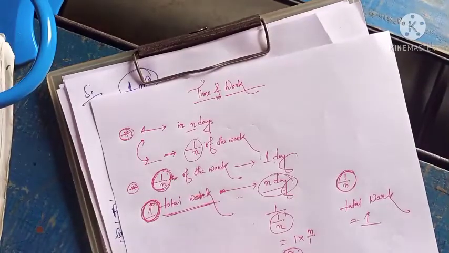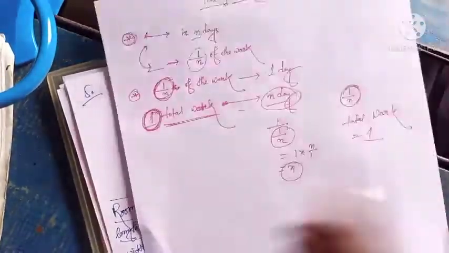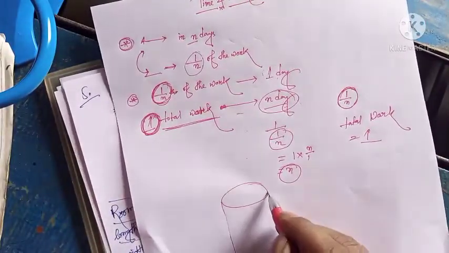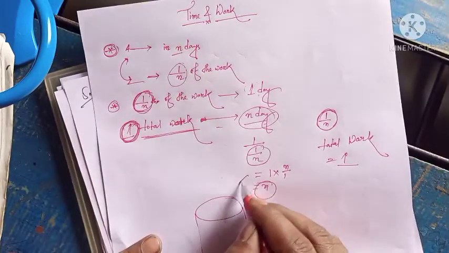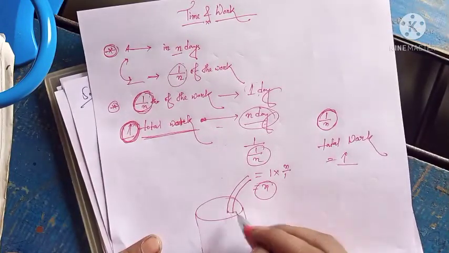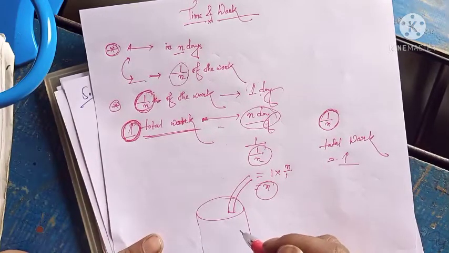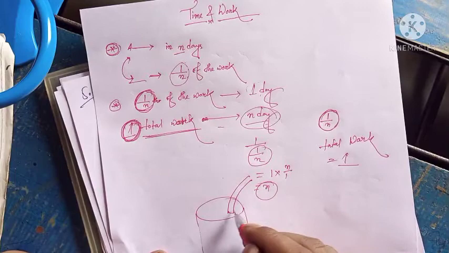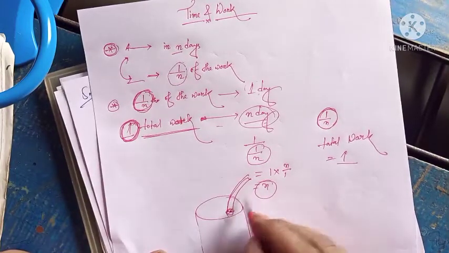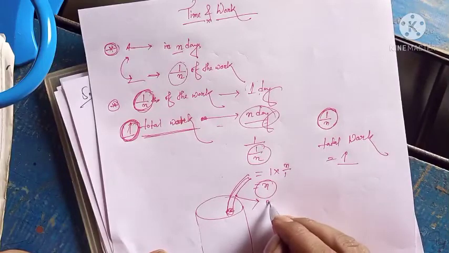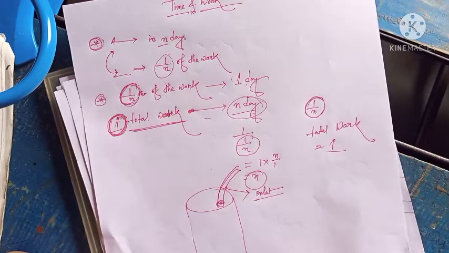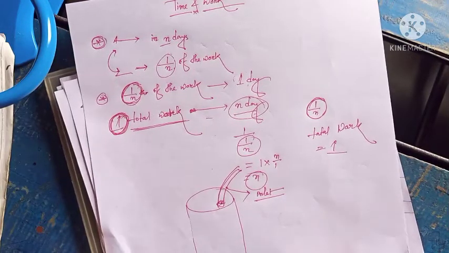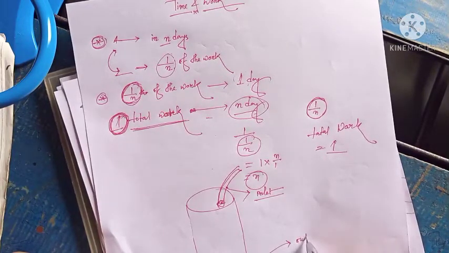Now in case of a tank, two types of pipes are there in a tank. One type of pipe fills the tank; this pipe is called an inlet pipe. And the pipe which empties the tank is called an outlet.